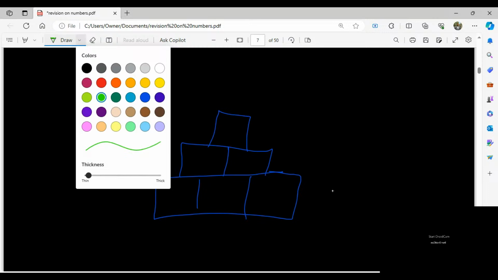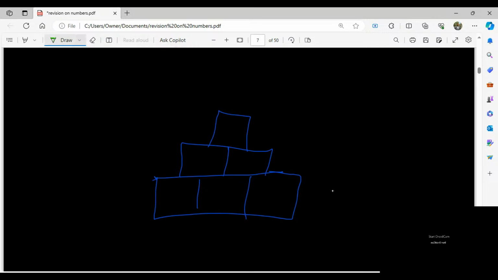Let's hope green is happy. Right, so in this case now we have minus 7 here. We're given the number on top, and then minus 6 here, and then 2 here.